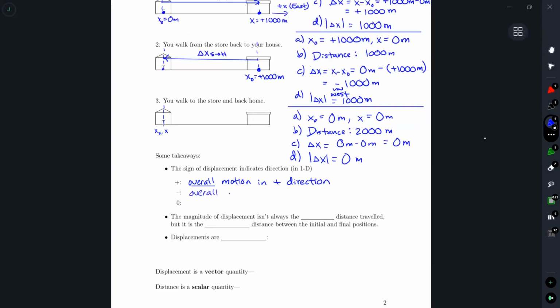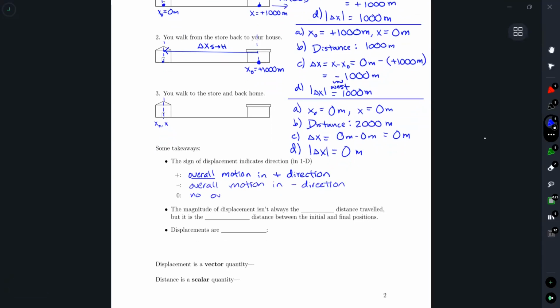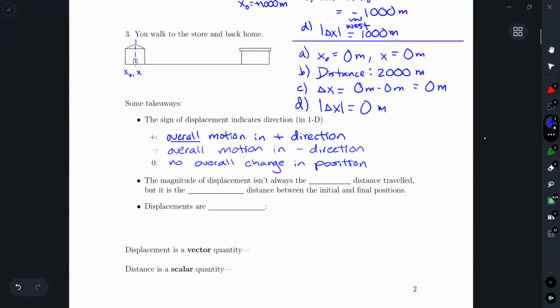Negative is overall motion in the negative direction. 0 is no overall change in position. So even if you run around the entire world, if you end up back where you started, then your displacement is 0.